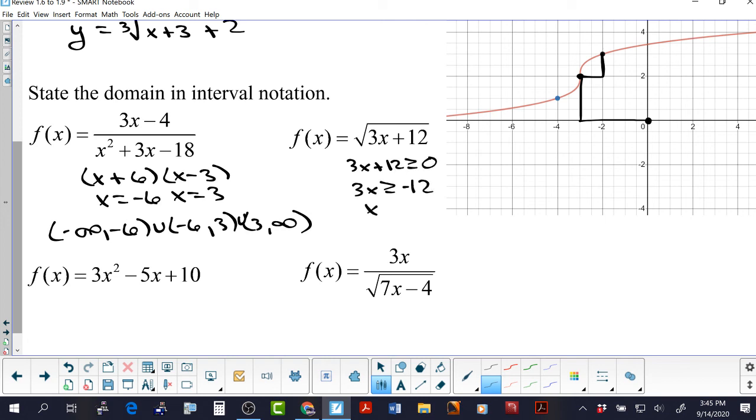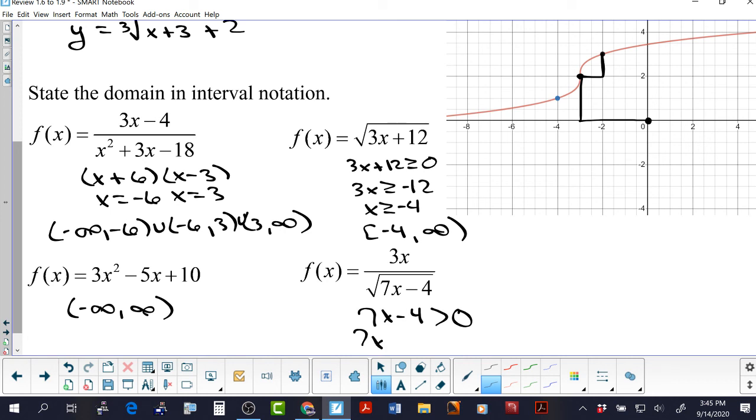So let's solve this. -4, so -4 to infinity. This one is just negative infinity to infinity, and 7x minus 4 here has to be greater than 0. It can't be equal to 0 because this is in the denominator. So we'll add the 4 over, so x is greater than 4/7, so 4/7 to infinity.